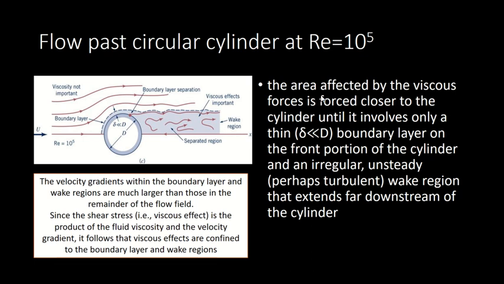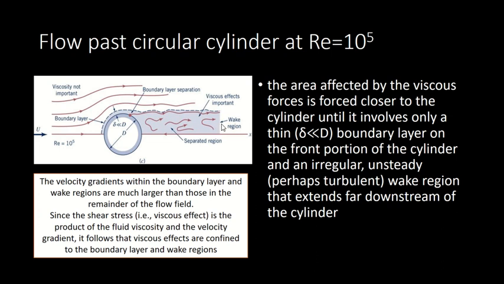So the area affected by the viscous force is closer to the cylinder, until it involves only a thin boundary layer, delta, very much smaller than on the front portion of the cylinder, and an irregular, unsteady, perhaps turbulent wake region that extends far downstream of the cylinder.